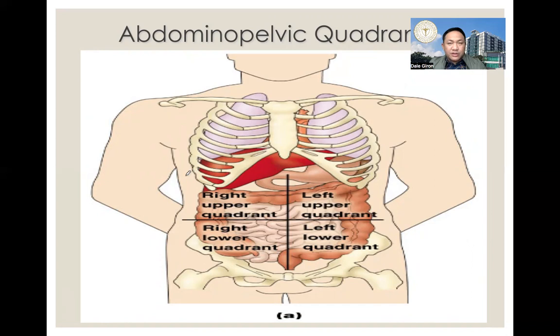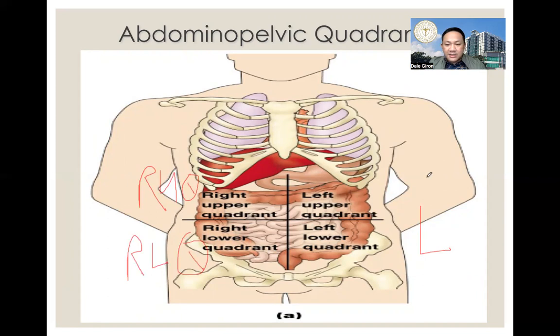Hindi ko sasabihin kung ano yung 1, 2, 3, 4 dito, but lagyan nyo lang ng right side and left side. Right? So after the right and the left, tingnan nyo kung upper or lower. Kaya kadali. So, this is the right upper quadrant, right lower quadrant.